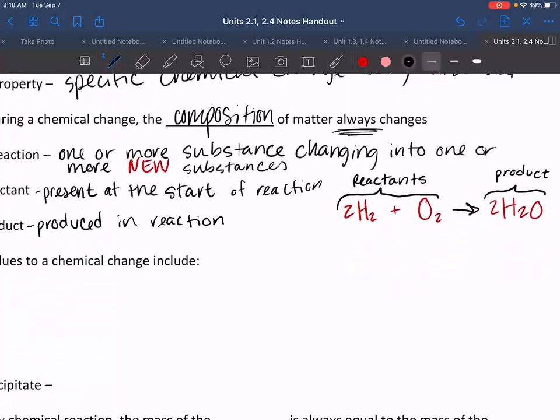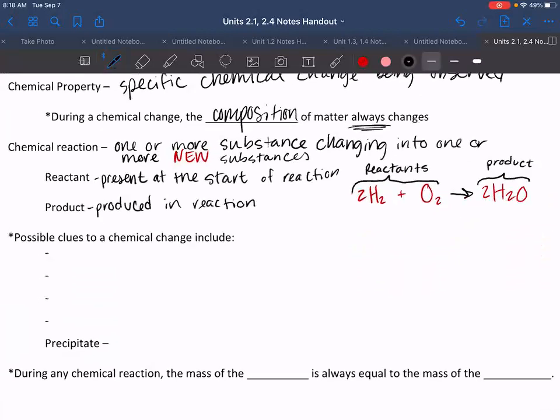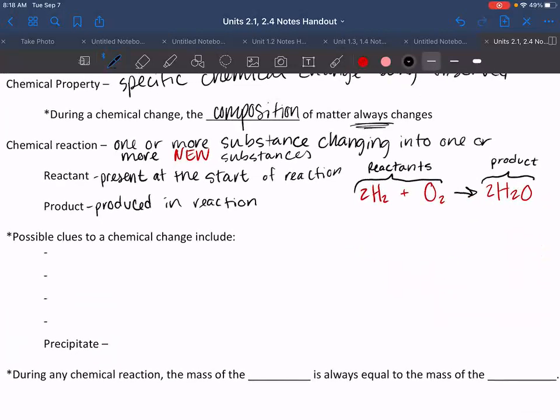Now, here is what you are definitely going to want to get down. These are the clues to chemical change. When we looked at the banana ripening video, or boiling water, we have what's called the four clues. We have a change in color.